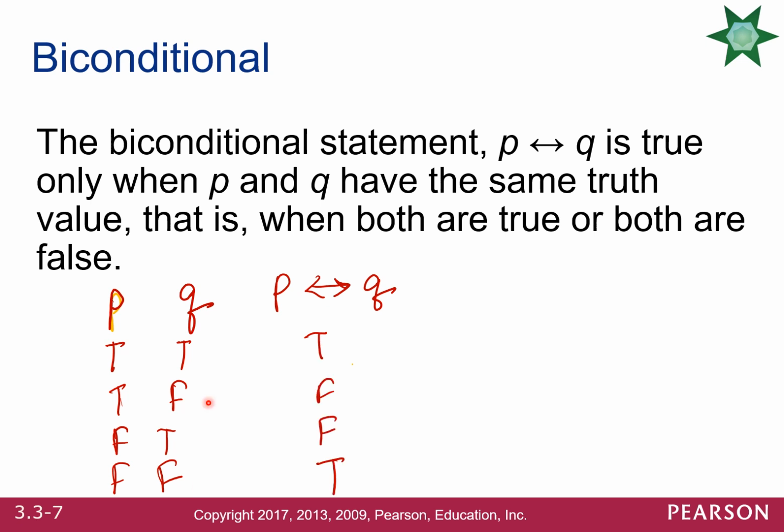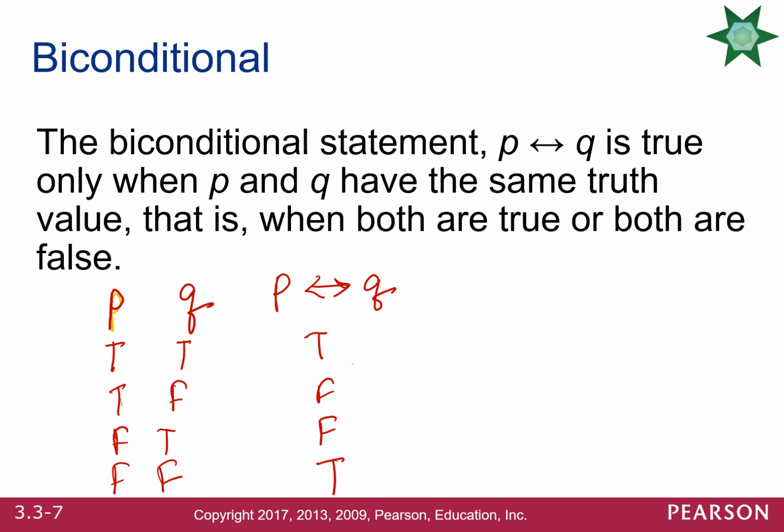So that means that when both P and Q have the same truth values, whether they are both true or both false, the resolution will be a true. If one is a true and the other one is a false, then it'll resolve to a false. That's what they are saying here.